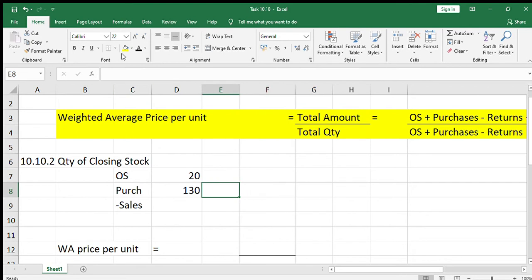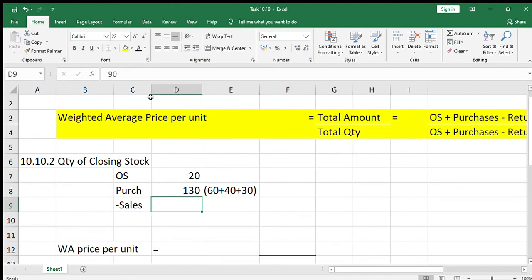The manner in which I got 130 units was that I took all the purchases, which is 60 units plus 40 units plus 30 units. That's all from the question. Then we subtract sales. Sales were 90 units, and that gives us the answer of 60 units.